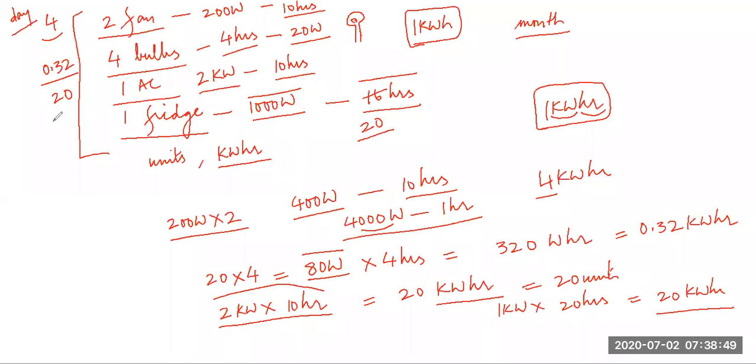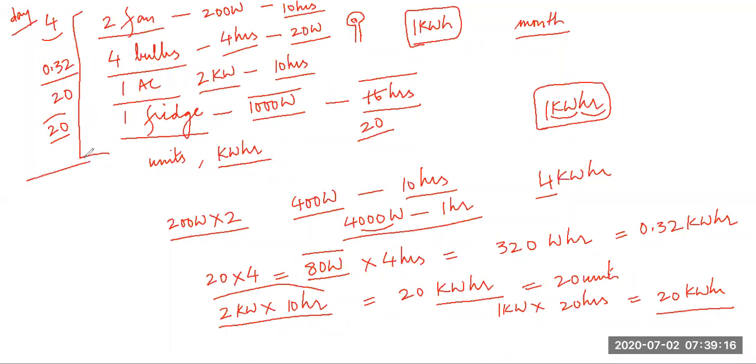So again, this fridge will consume 20 units. It's coming more. I think maybe the watt of the fridge is less, maybe 400 or 500. So I've calculated it more. You can just check it and recalculate. Anyway, this is an assumption.